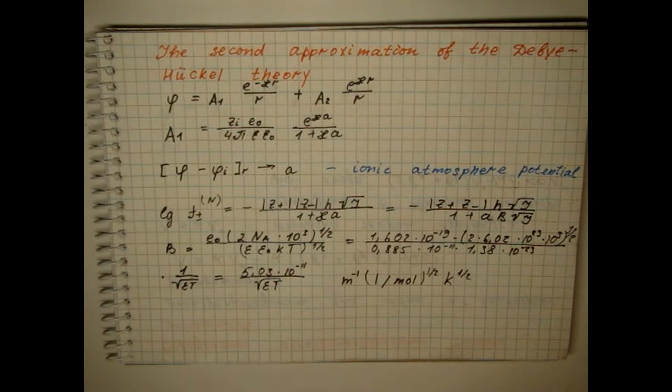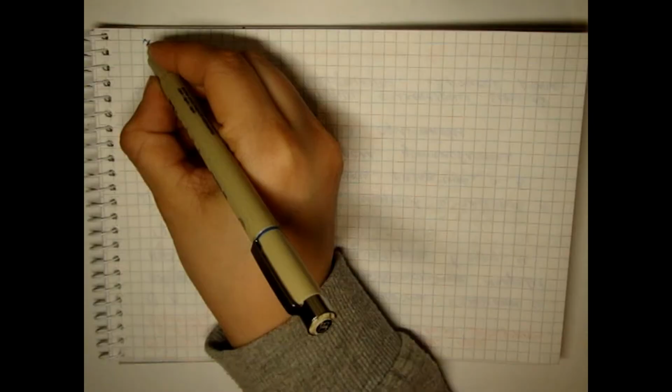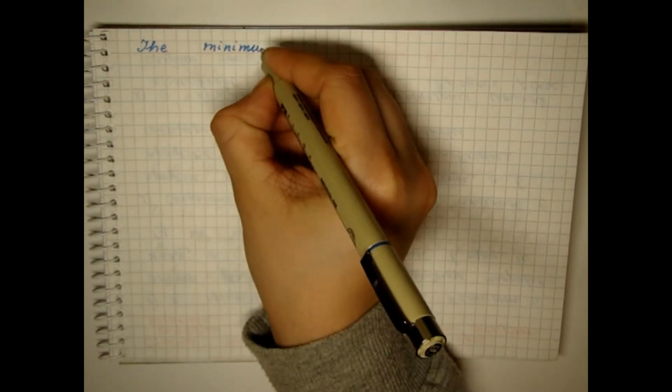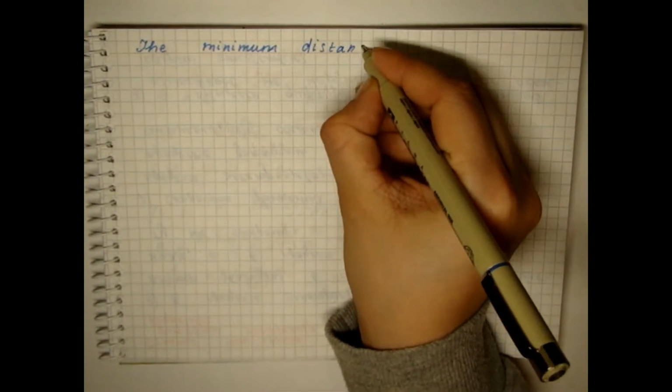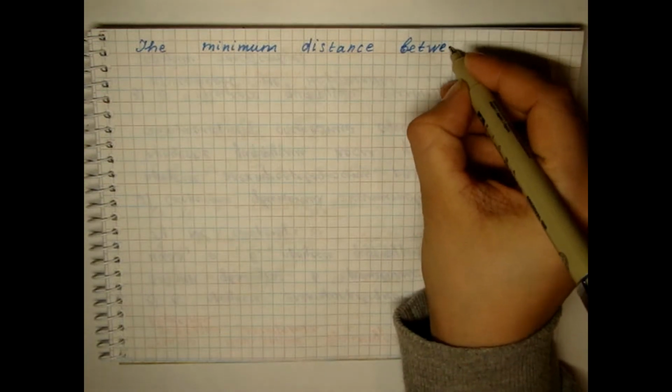The value of A in its physical meaning corresponds to the distance to which the electrical centers of two ions can approach. However, the solvation of ions makes the value undefined.